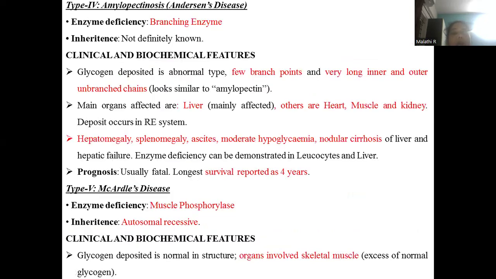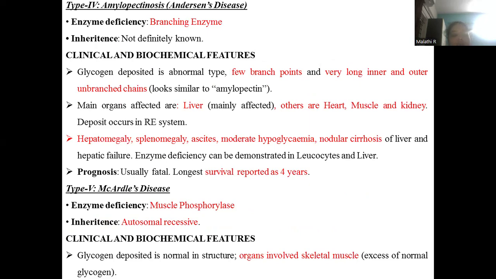Type 4, amylopectinosis or Andersen's disease. The enzyme deficiency is the branching enzyme. No defined inheritance is seen. The clinical and biochemical features include glycogen deposited in an abnormal type, with few branch points and very long inner and outer unbranched chains, which look similar to amylopectin. The main organ affected is the liver, and others are heart, muscle, and kidney.